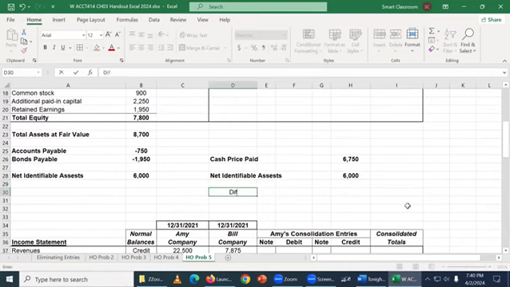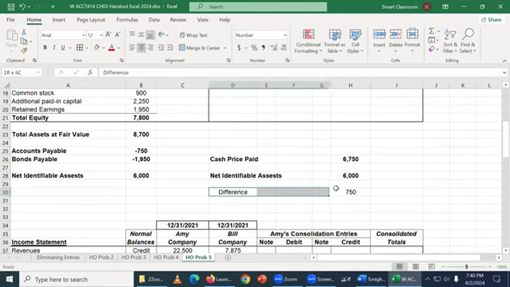So there's a difference here, and the difference there is 750. That will be our unidentified assets. Goodwill.